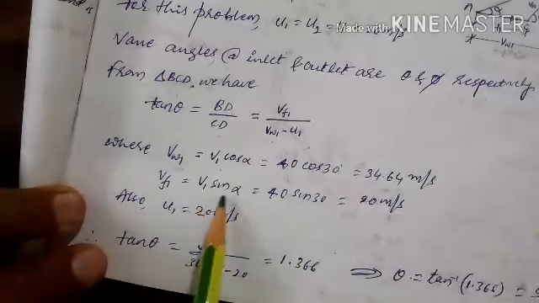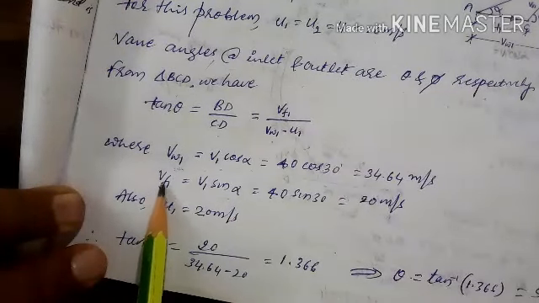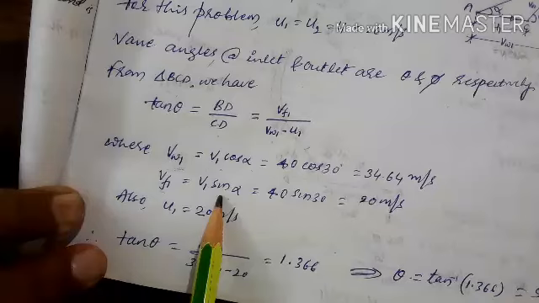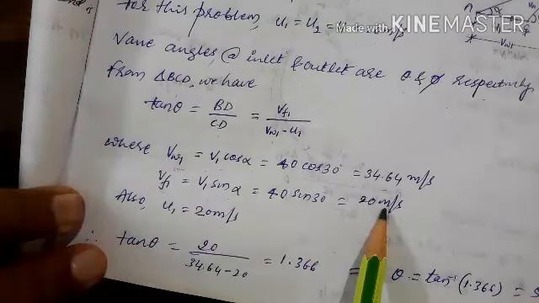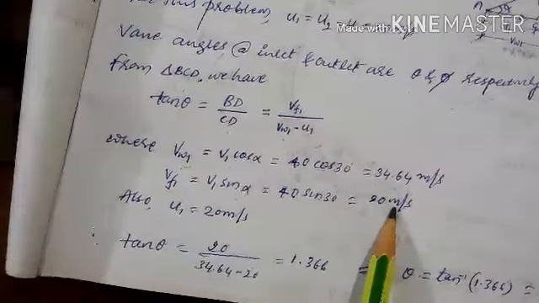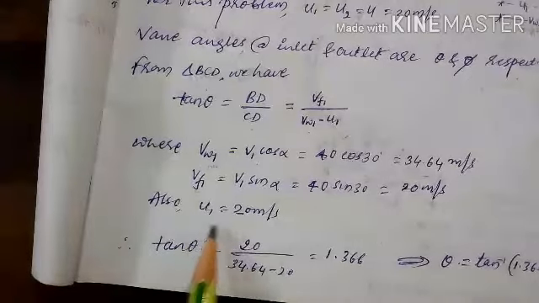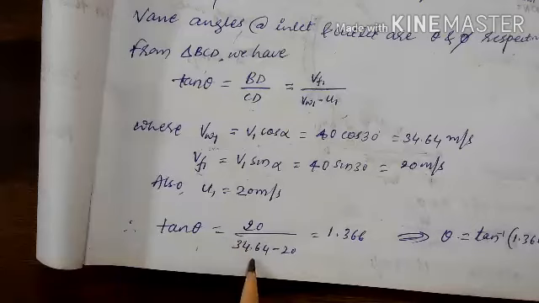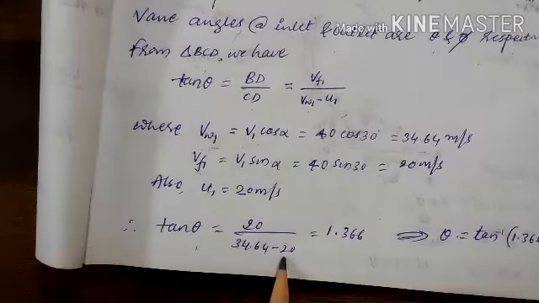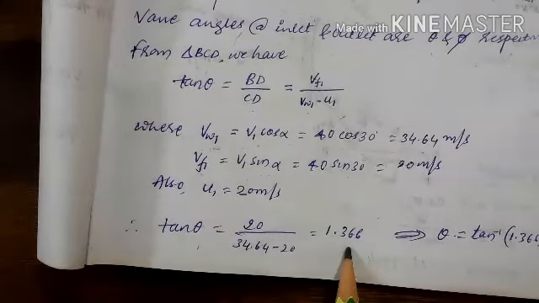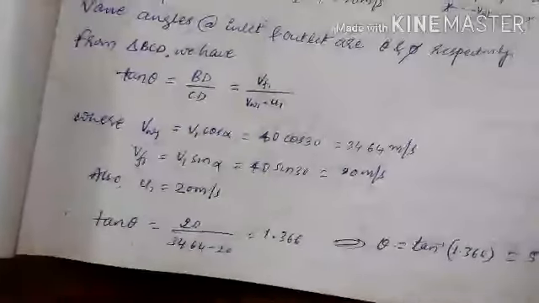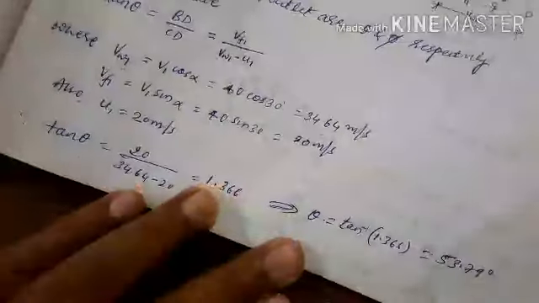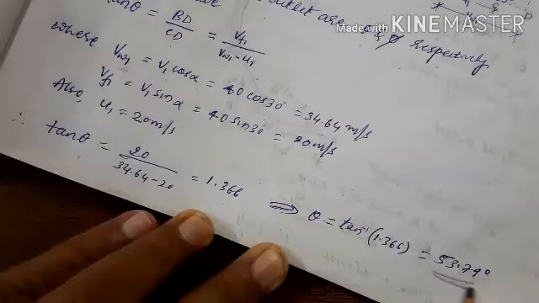Then Vf1 is the vertical component, V1 sin alpha, which is 20 meter per second. Then u1 is given, so tan theta is equal to 20 by 34.64 minus 20, which gives 1.366. So theta is 53.79 degree.